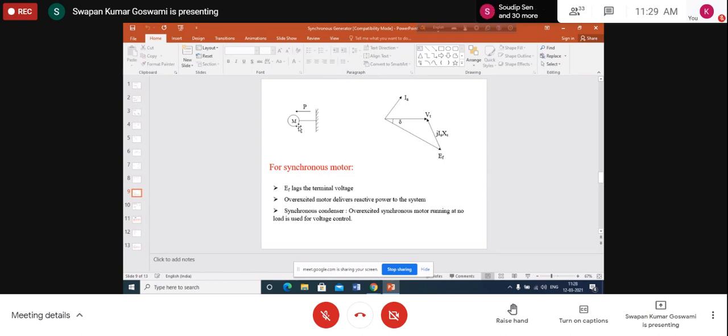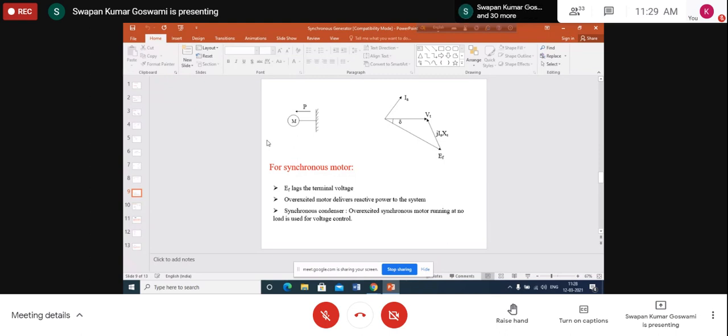That's why this operation of the synchronous motor is called synchronous phase modifier or synchronous condenser, because the motor is now behaving as a capacitor. Capacitors are also sometimes called condensers.